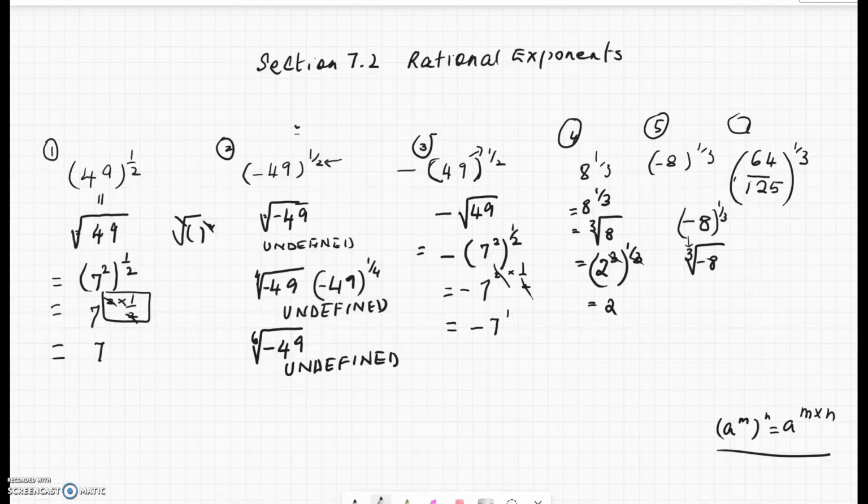But if it's a cube root, then it would just be the negative of 2 cubed, whole to the 1/3. So cube root is the same as the rational exponent 1/3, and that is negative 2 to the 3 times 1/3, and that's equal to negative 2. Let's look at the next one.